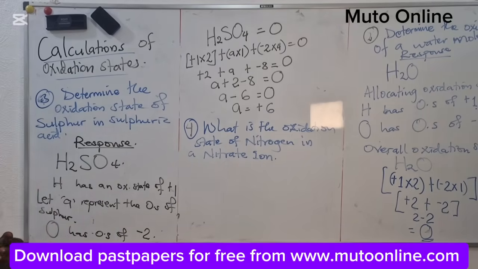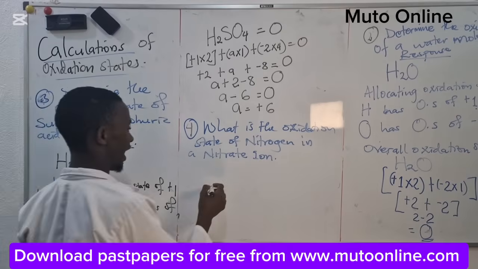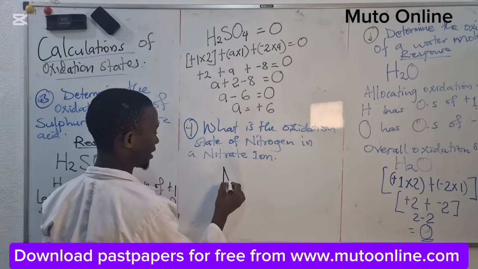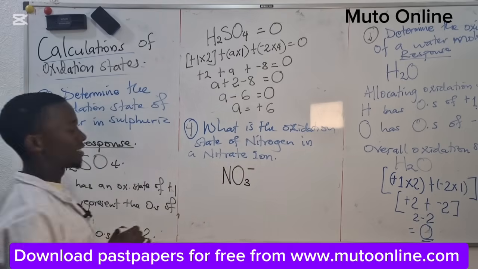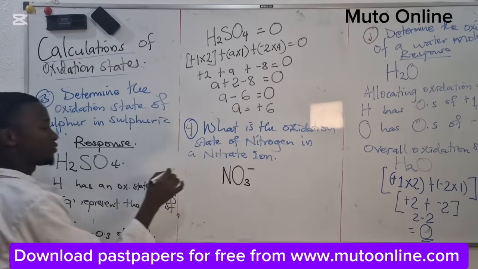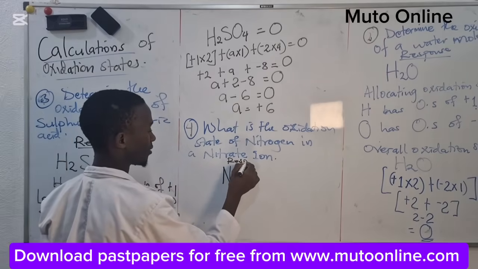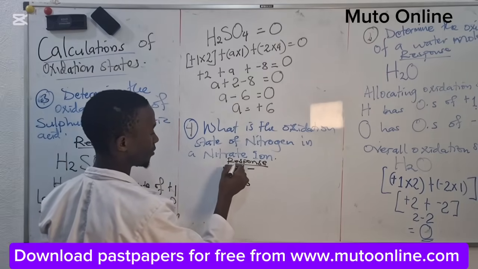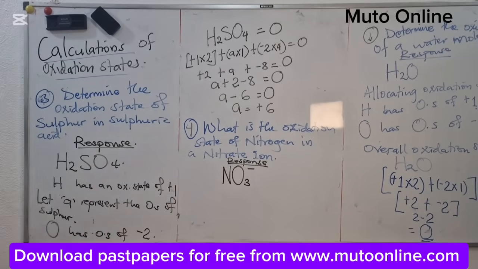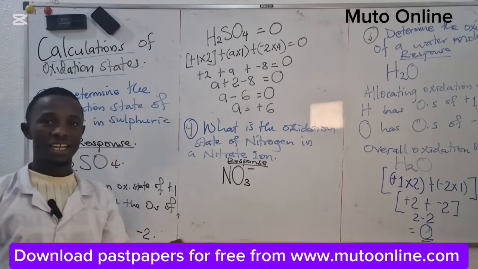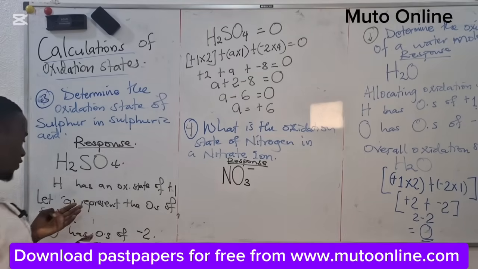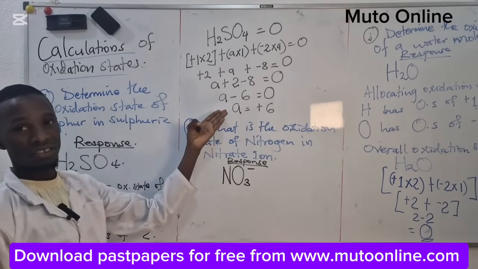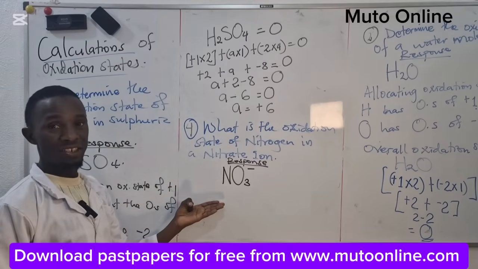That is the first step. A nitrate ion is written as capital N, capital O, 3 minus. That is the formula of a nitrate ion. We said the next step is allocating the oxidation states of each of the atoms in the compound. They're asking for the oxidation state of nitrogen in the question. So we shall make it an unknown.